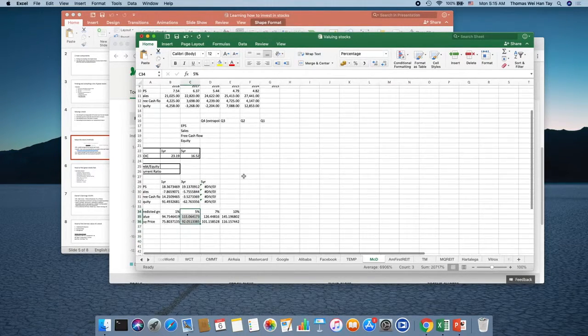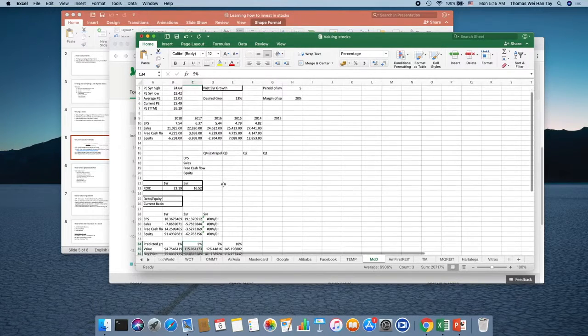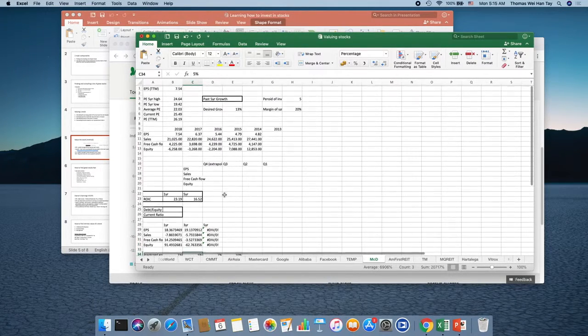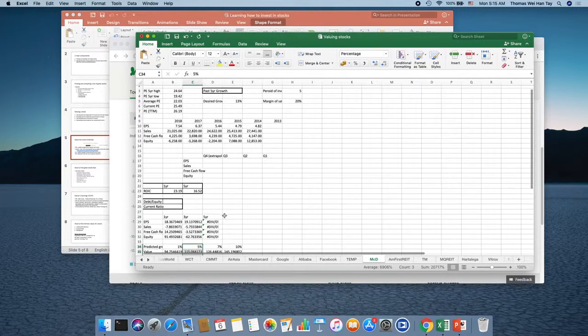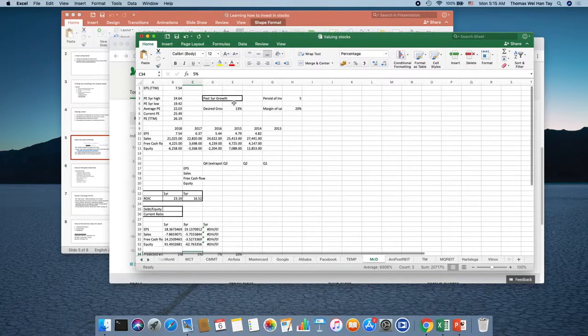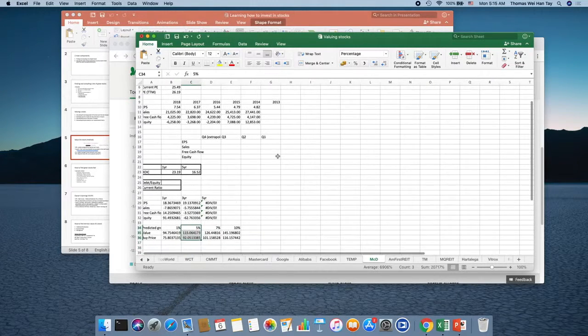You use what you know about the company, what you see, and also previous growth. But actually, I wanted to calculate previous growth, but I don't think that's possible because of the negative equity. It's not possible using the way that I know, but I'm sure there's some other way.